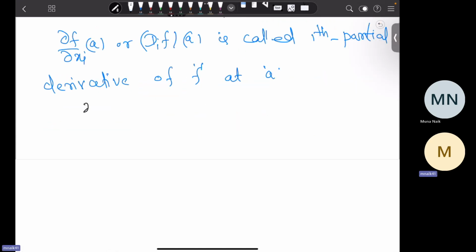Now, if you look at this function g of x, x going to f of a1, a2, ..., in the ith coordinate you keep only one variable xi, and for the remaining coordinates you fix the coordinates of a.